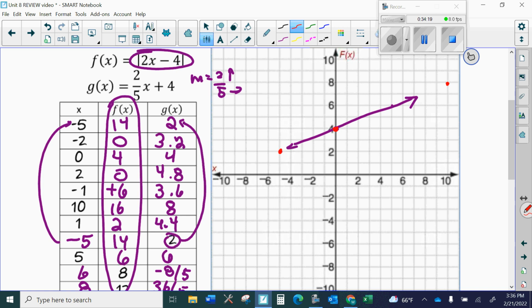What are the negatives? -1, 3.6. Oh, wait a second. No. -5, 2. I gotta be looking at the right ones here. -5, 2, 0, 4. I have 10, 8. I already have -5, 2.